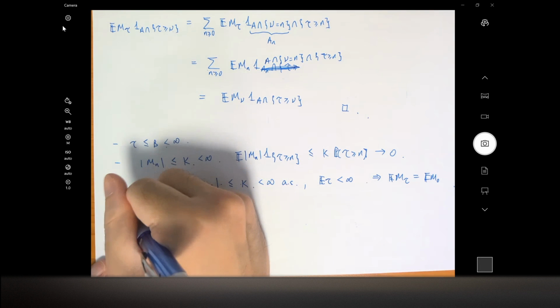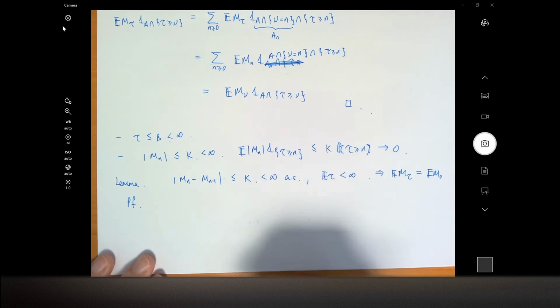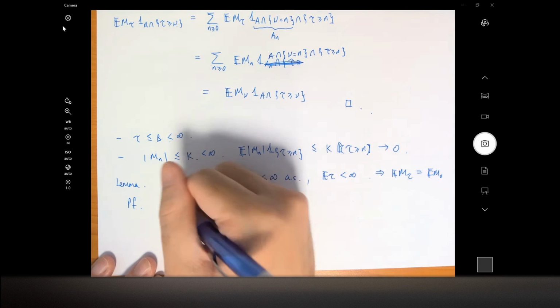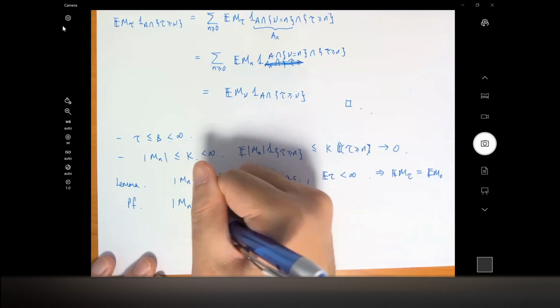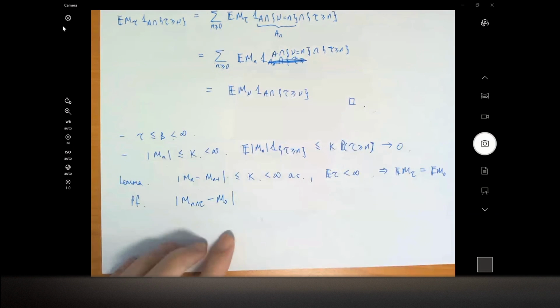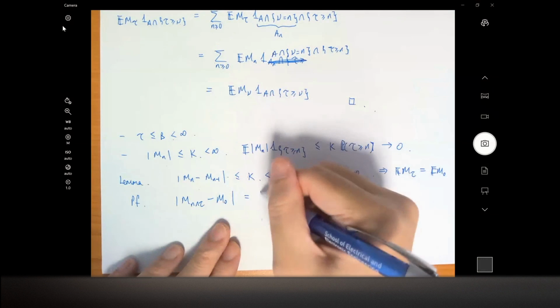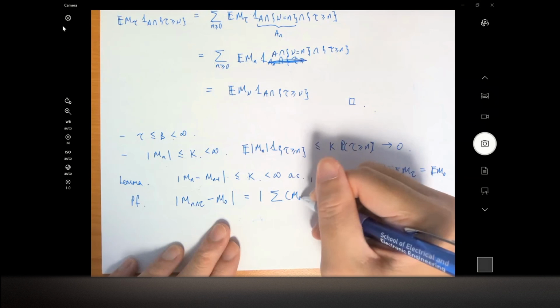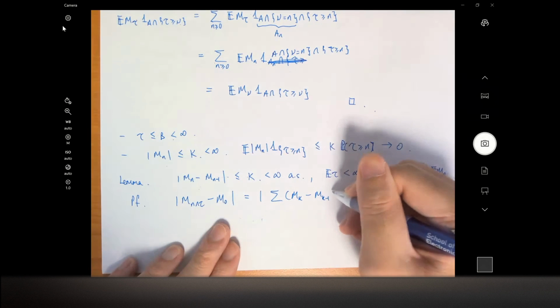So let's give a quick proof of this. Let's look at this guy over here. We can write it as a telescoping sum, right?